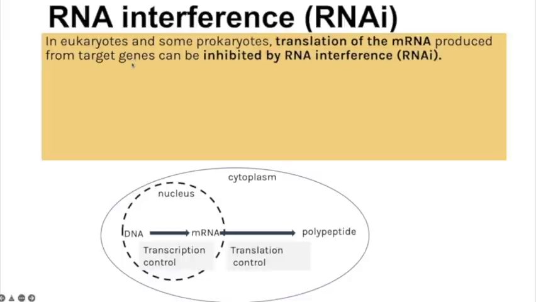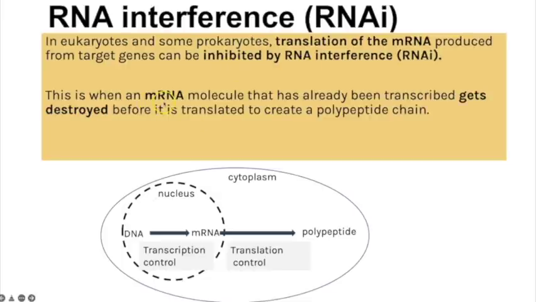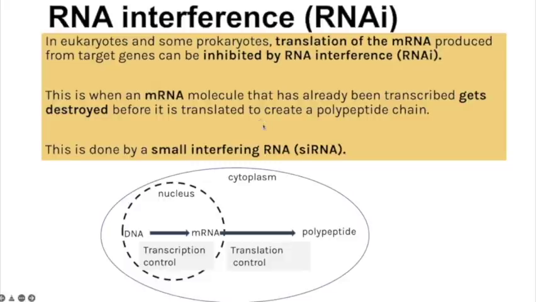So in eukaryotes and some prokaryotes as well, translation of the mRNA produced from target genes can be inhibited through RNAi. And this is when an mRNA molecule that's already been transcribed gets destroyed before it's translated, and therefore it won't create the polypeptide chain.